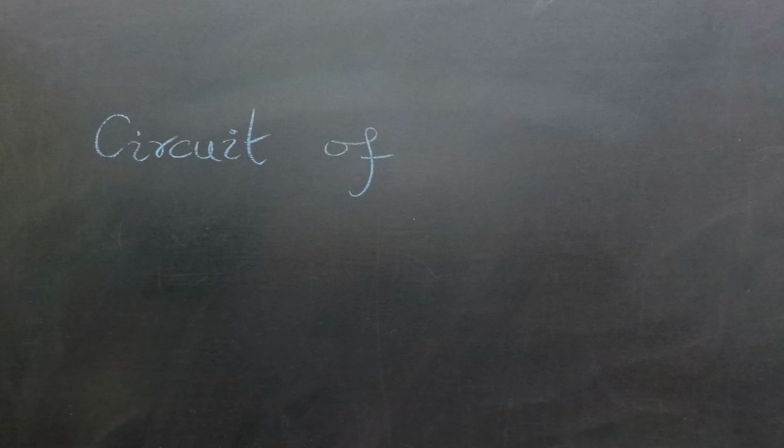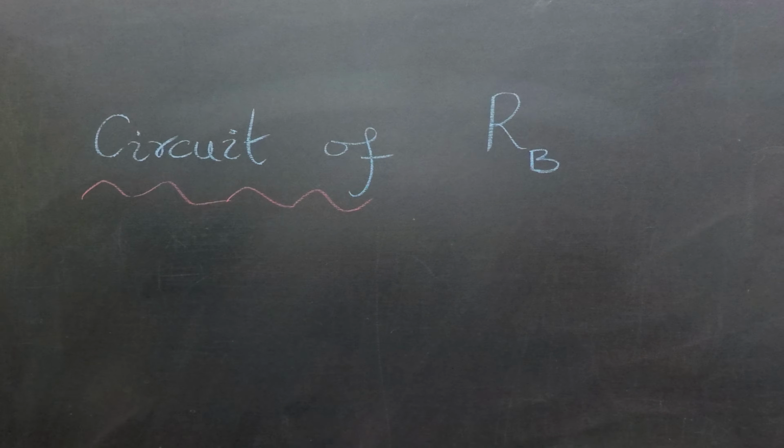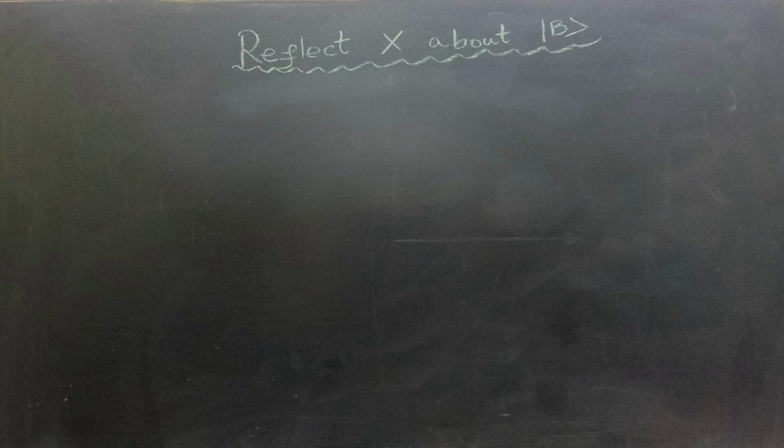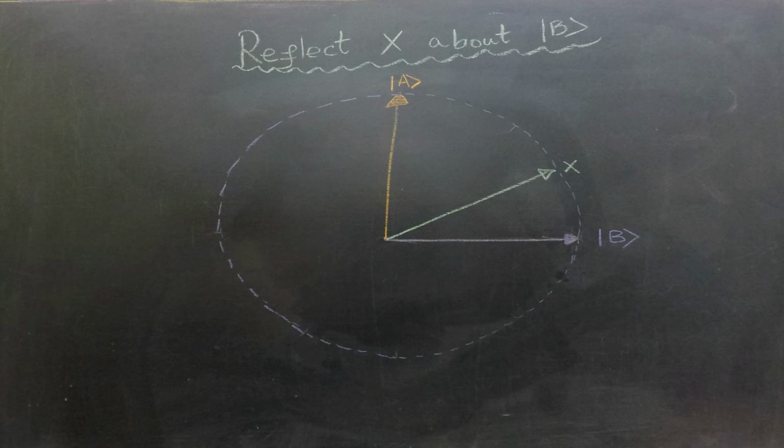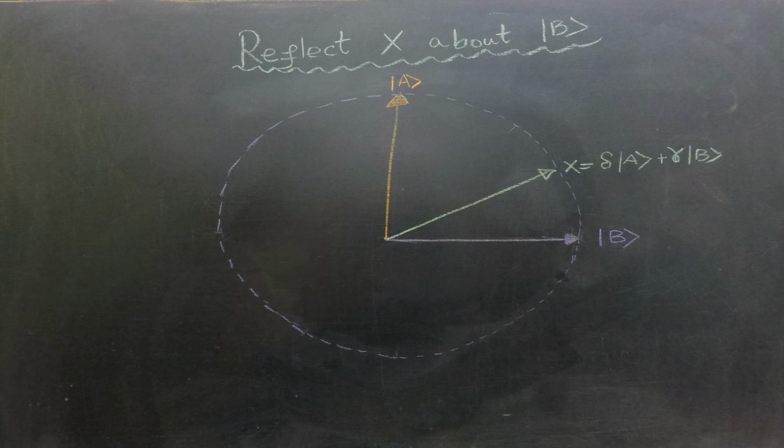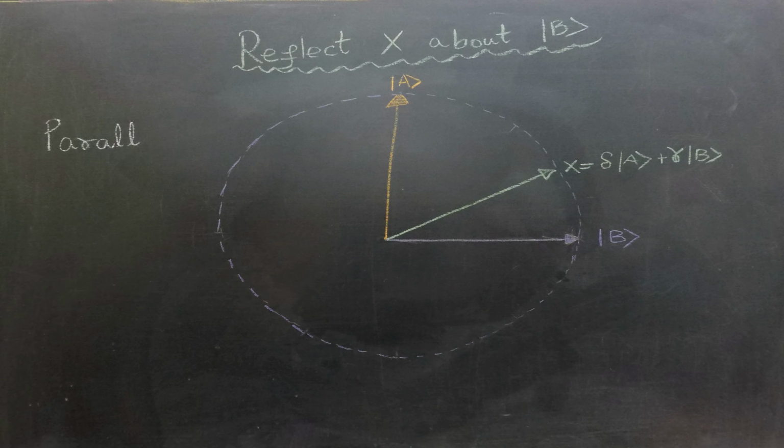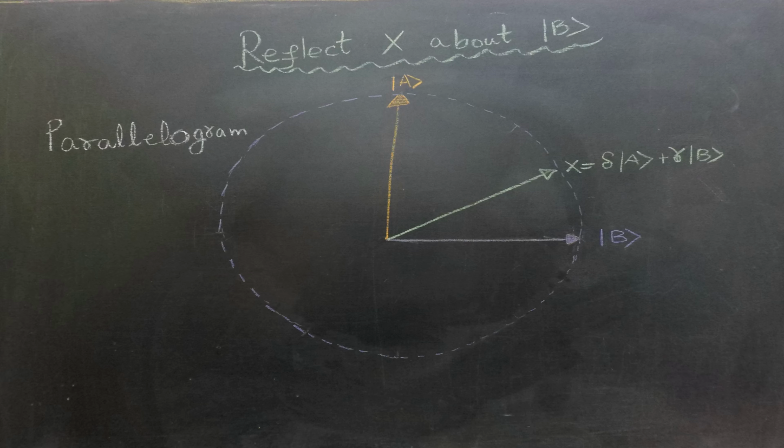Now let's create a quantum circuit for reflection about ket B. Here we have register X situated between ket A and ket B. We can express it in the basis of ket A and ket B as delta times ket A plus gamma times ket B. You might be familiar with the parallelogram rule for vector addition.